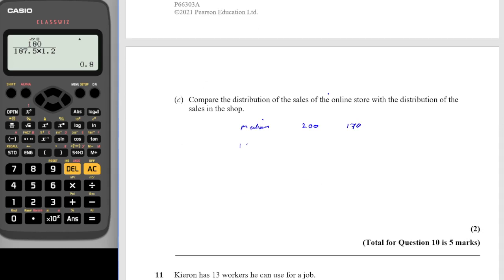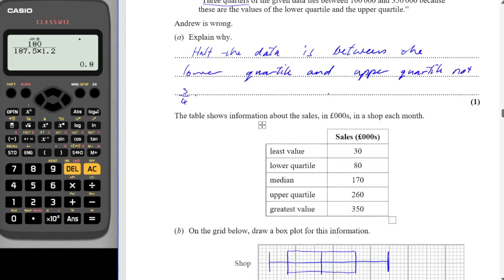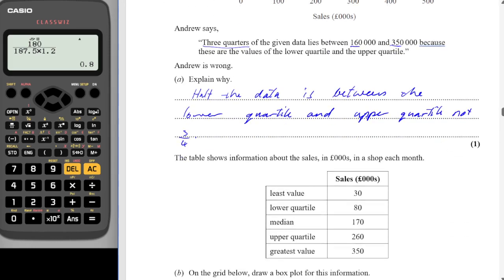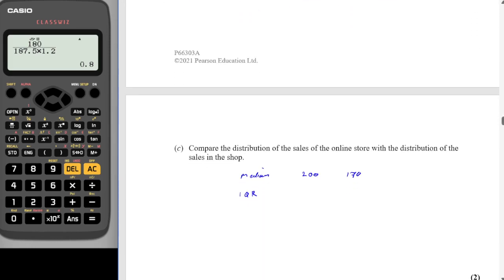And then the interquartile range is the other one that we would comment on. So the interquartile range of this data is, well, we can kind of work it out from here. So 350 minus 160. That's looking like 190.